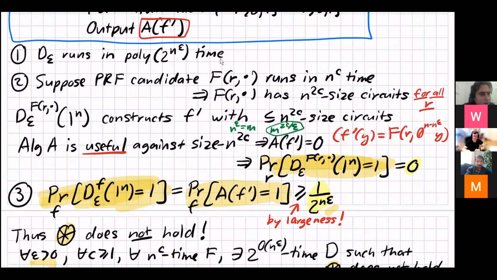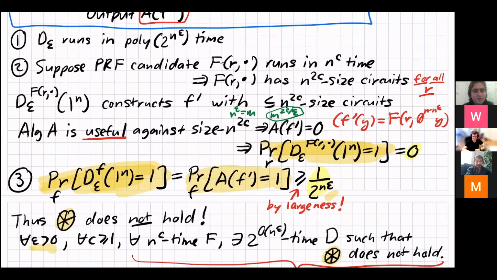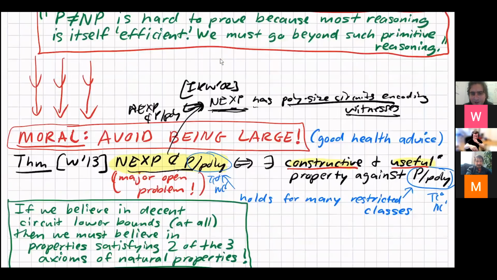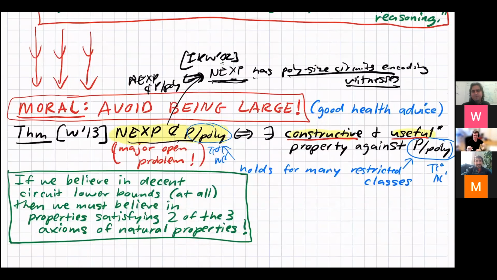Is the exists on the right-hand side constructive to some extent? Essentially, yes. I can tell you an explicit algorithm. You can write down an explicit polynomial time algorithm, and NEXP is not in P/poly if and only if this one is useful.